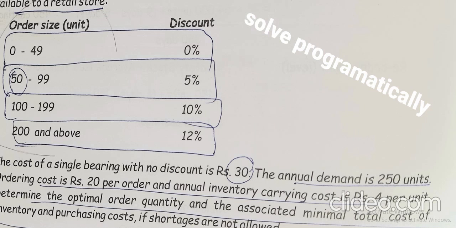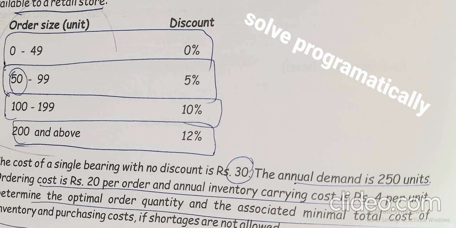Okay, now let's solve this question using simple programming. We have this question where we are given order size and discount, and there is some information to find EOQ.